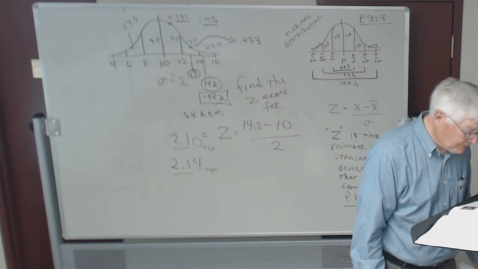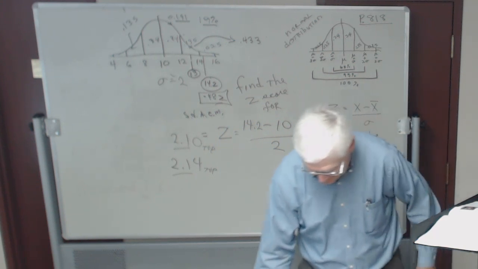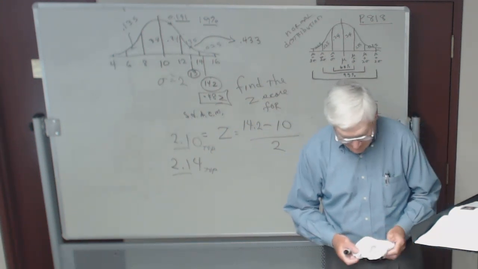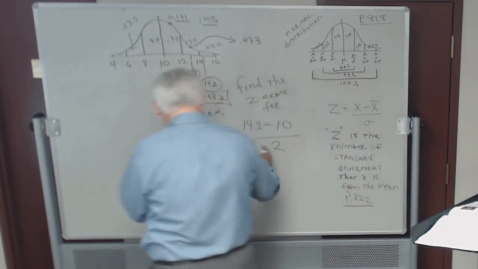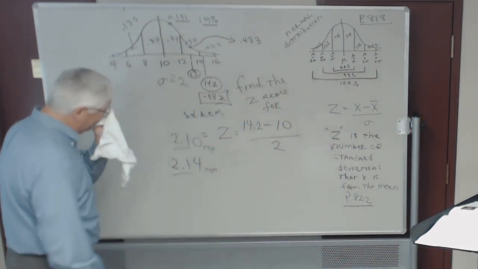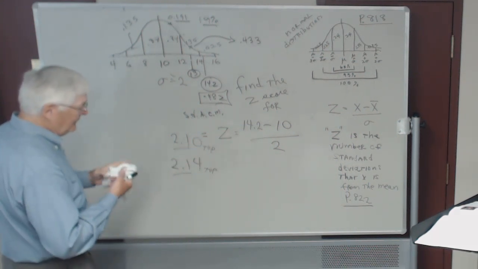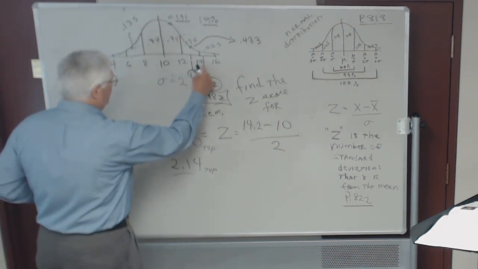Now see, all they want you to do for 16 is just find the z-score. But if I just had you find the z-score and stop, you would be going, why are we finding z-scores? And what does it say a z-score is? The number of standard deviations that a score is above the mean.